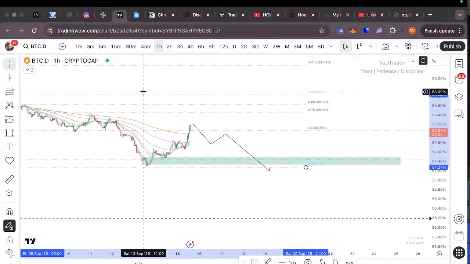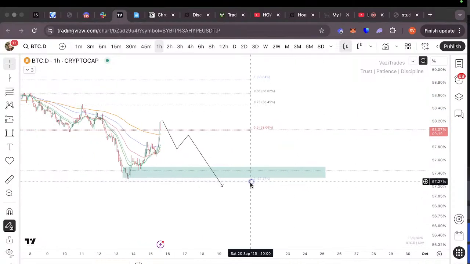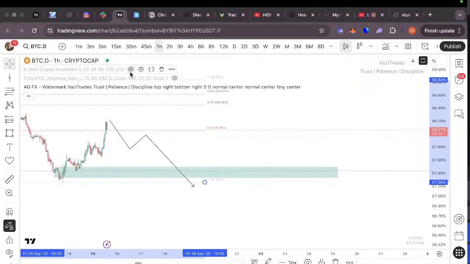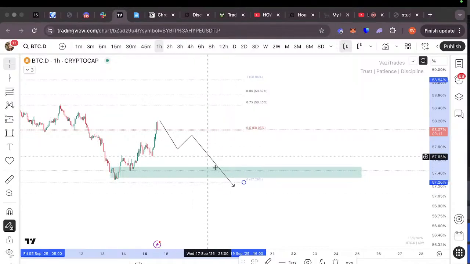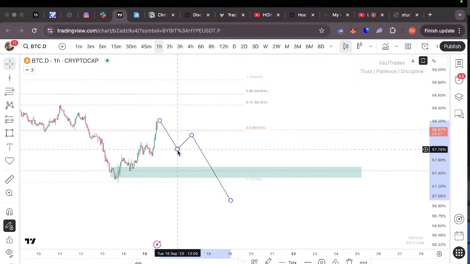Okay, so that's how you make a plan, and according to this plan you act. So yeah, right now we need to see this kind of picture if we want to have bearish Bitcoin dominance.